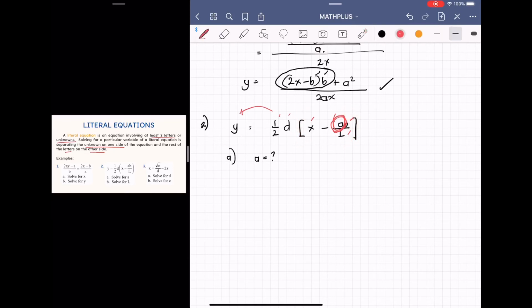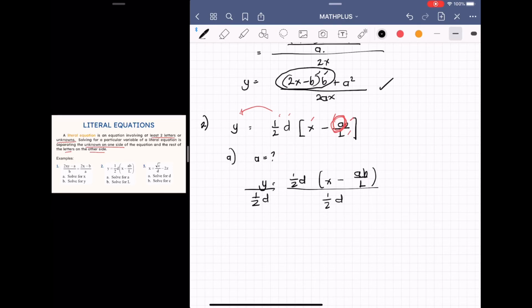Okay, so I will have y equivalent to 1/2 d times x minus ab over L, and I'll have to multiply both sides by 2 over d or divide both sides by 1/2 d.